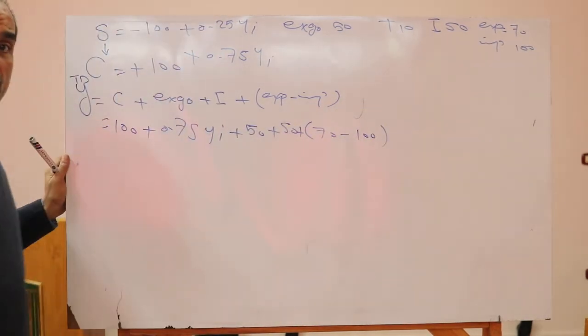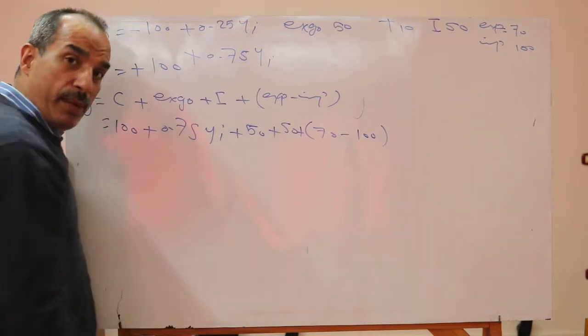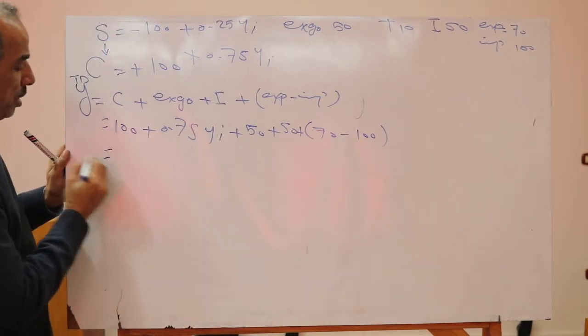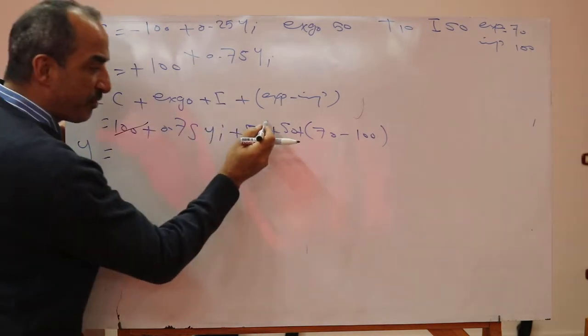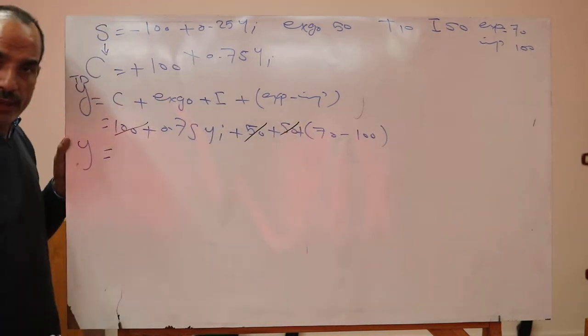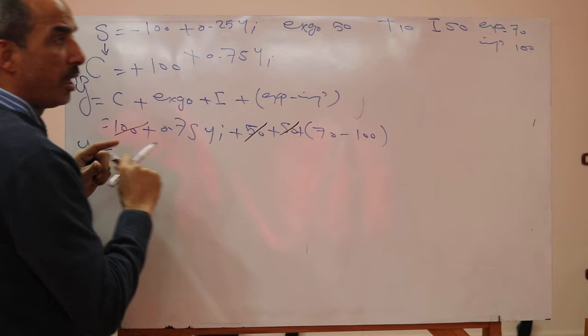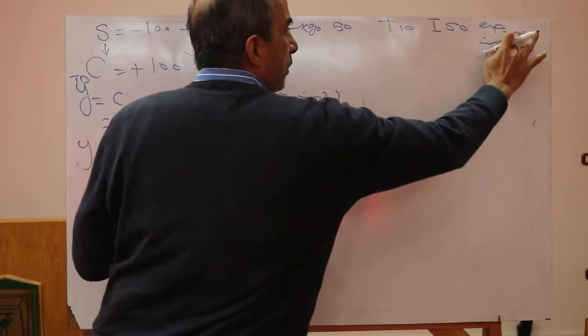The net foreign sector is negative. Y equals 100 plus 50 equals 200 minus, maybe this is 80.